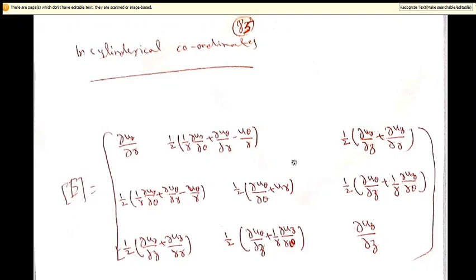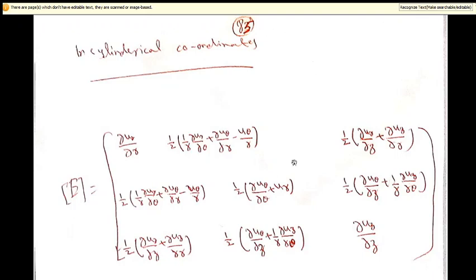In your previous lecture, I asked you to find all the expressions like the gradient of a scalar function, gradient of a vector function, divergence of a vector function, divergence of a tensor, and curl of a vector in terms of cylindrical coordinates.